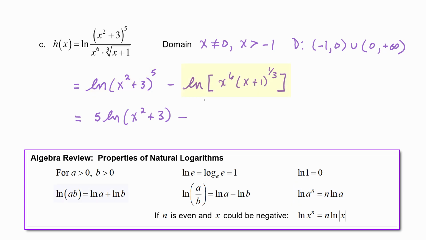Minus, now because here we're taking the natural log of a product, we're going to break that up into the natural log of x to the 6th plus the natural log of (x plus 1) to the 1/3.